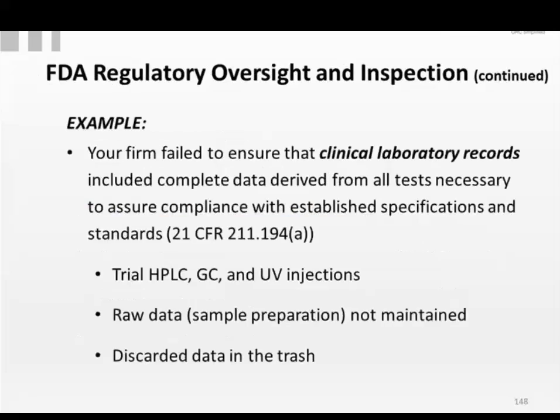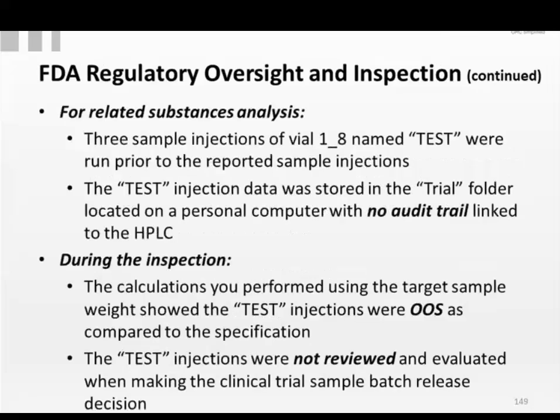And these are some examples of cases where FDA found shortcomings, where clinical lab records where raw data was not maintained. It was discarded in the trash. Here, calculations that were performed using a target sample were out of specification, but the injections weren't reviewed and evaluated when making the decision to release a batch.